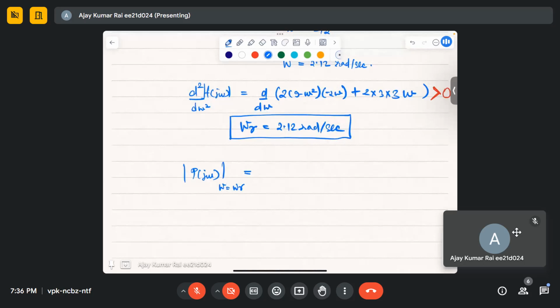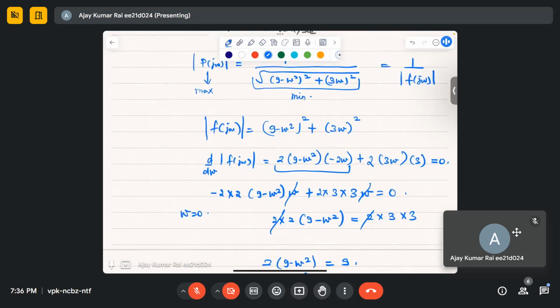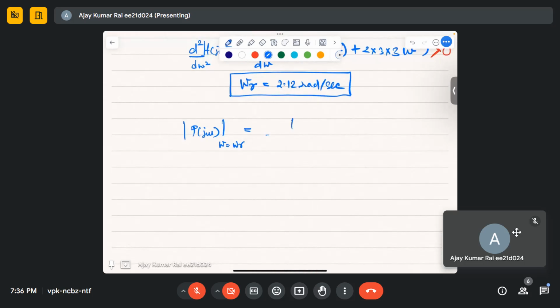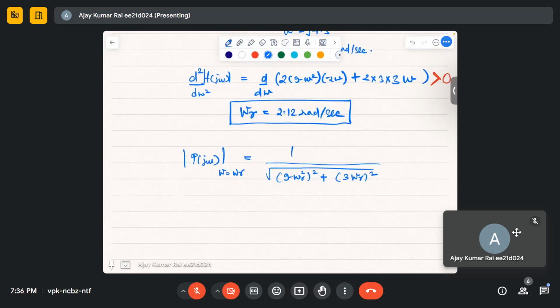Directly the formula is there. Otherwise, what you can do is you just put this into this. So you'll get the peak magnitude at resonant frequency.